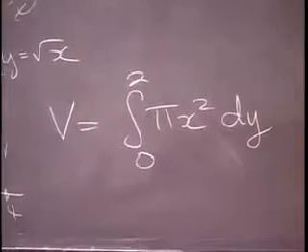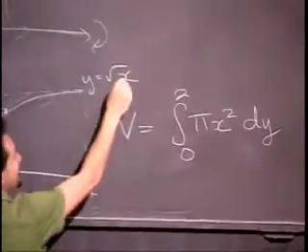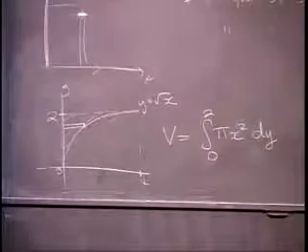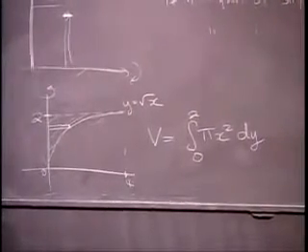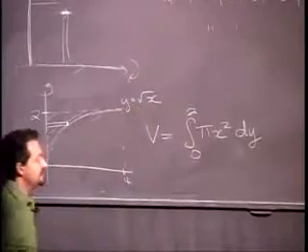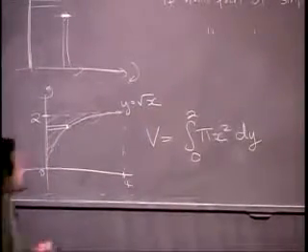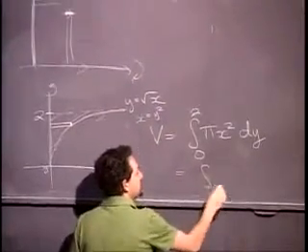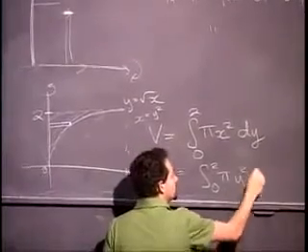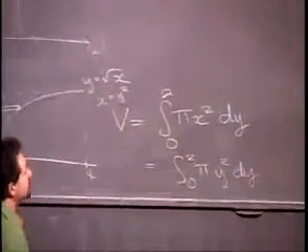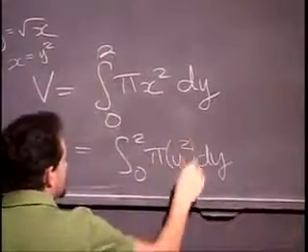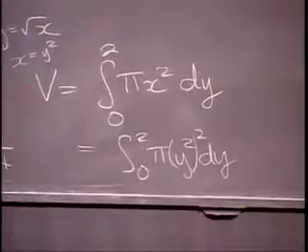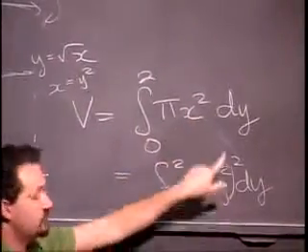Now, in order to find this integral, I actually need to know x as a function of y. You could actually do a substitution if you wanted and work out what dy was and convert everything to x-land. That's kind of cool that it works, but in this case I would just say, hey, x is equal to y squared, and so this integral is just pi times y squared, all squared, dy, because x equals y squared, and therefore x squared is y to the 4th.